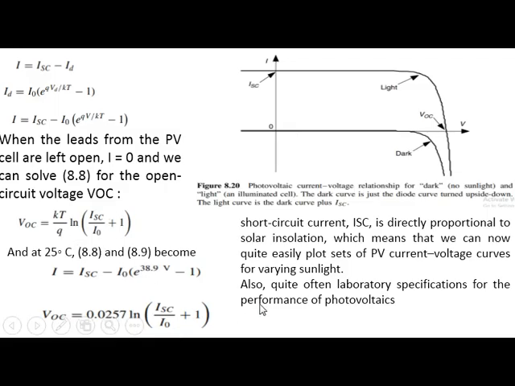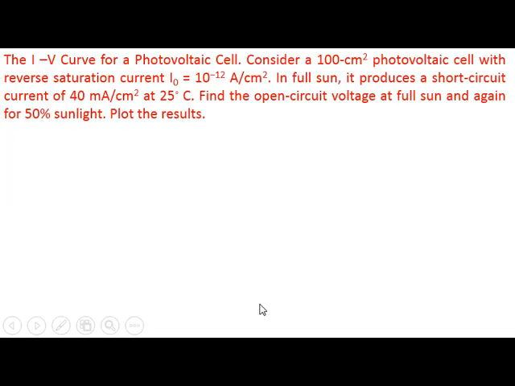So we want to discuss this in terms of one simple analytical problem. The problem is the IV curve for a photovoltaic cell. Consider a 100 centimeter square photovoltaic cell with reverse saturation current of 10 power minus 12 ampere per centimeter square. In full sun, it produces a short circuit current of 40 milliamps per centimeter square at 25 degrees Celsius.